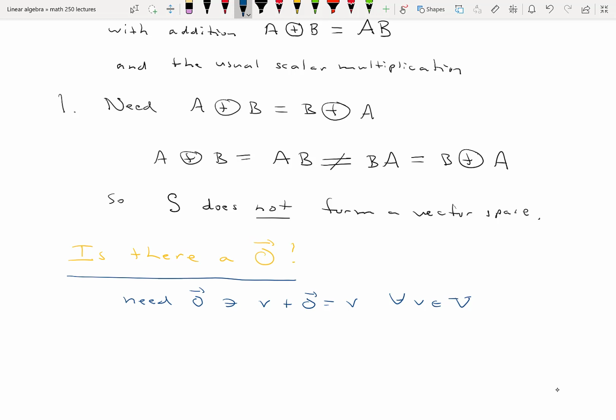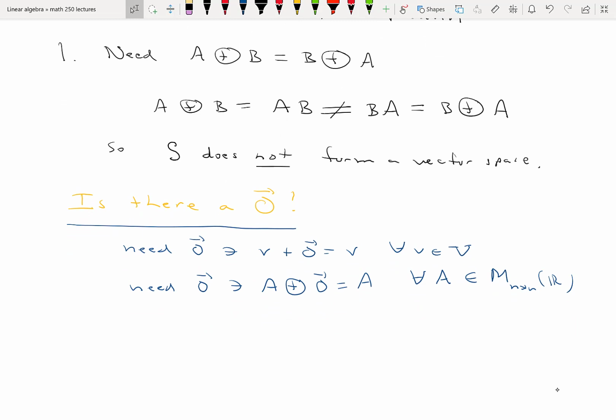Let's see what this looks like with our current notation. We need a zero vector such that A plus the zero vector equals A for every A in the set of all n by n matrices with real entries.